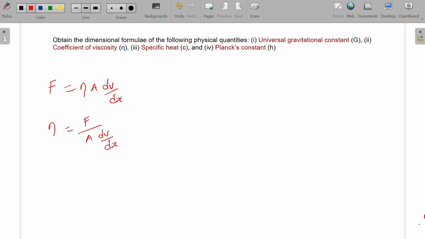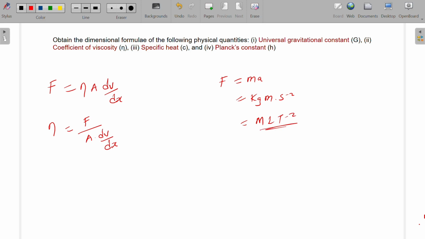So let's do that. Starting with force, by now we understand that force is given by MA, and this is still kgs, that will multiply by meters, that will multiply by s to the minus 2, and this will give us the dimensions of mass multiplied by length, that is multiplied by T to the minus 2.